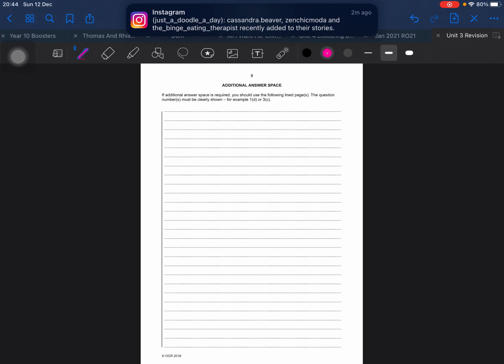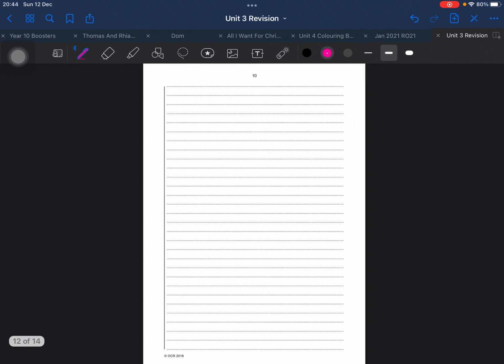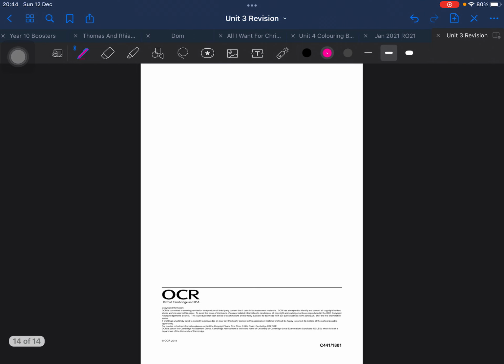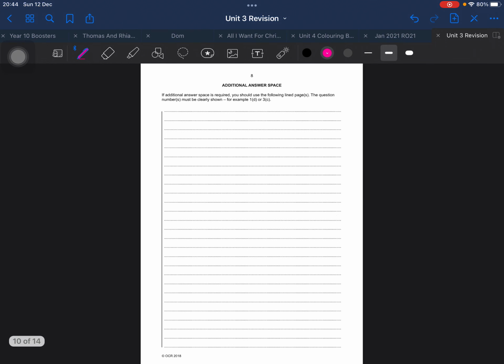Okay, now it told us this was a 12-page paper. So we've been given additional answer space here, and we've been given 4 pages of the stuff. So if you need extra paper during this, be that to plan out your question, use this paper at the back. If it's just making a plan and you don't want it to be marked, strike it through once you've done it. Cross it out.